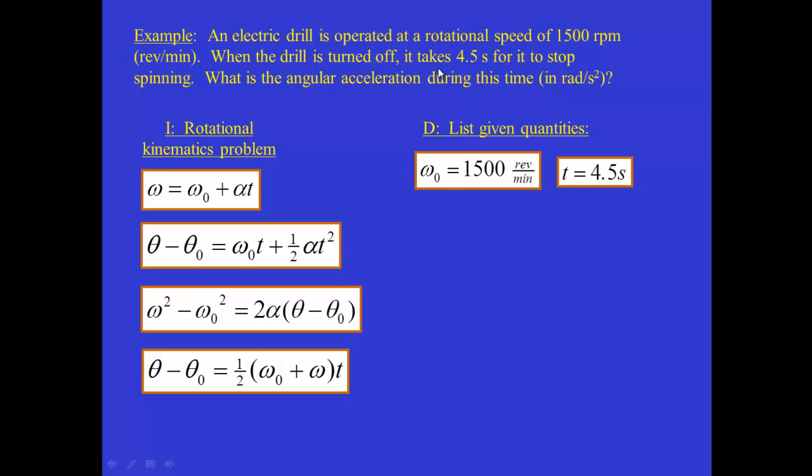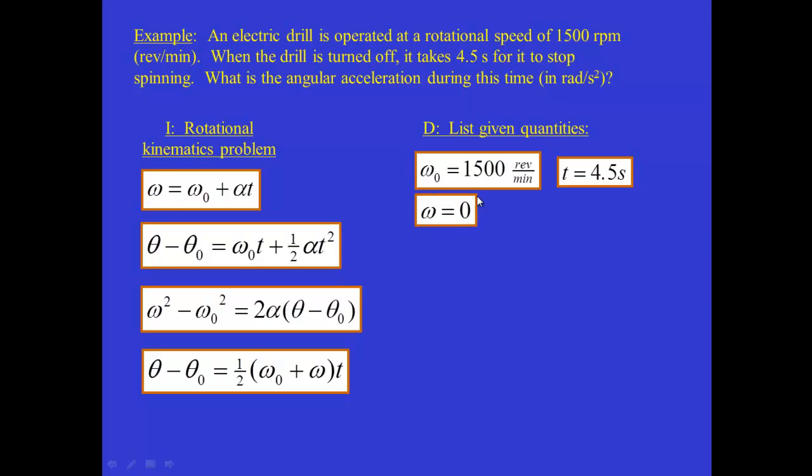And it might seem like those are the only things given, but remember there's one other piece of information that's implied in this problem, and that is, think about it for a second, that the drill stops. And so at the end of the 4.5 seconds, omega, the angular velocity, is equal to 0.